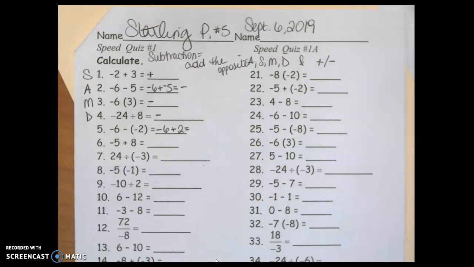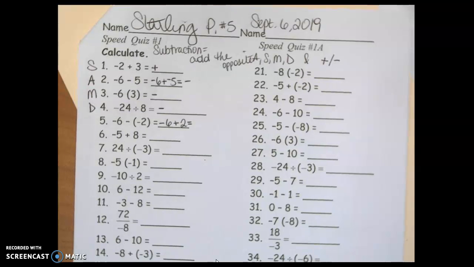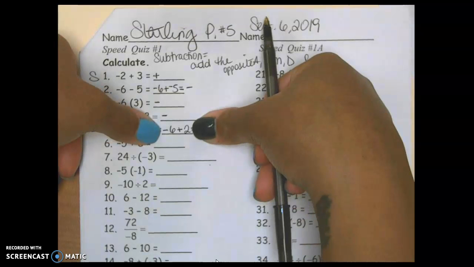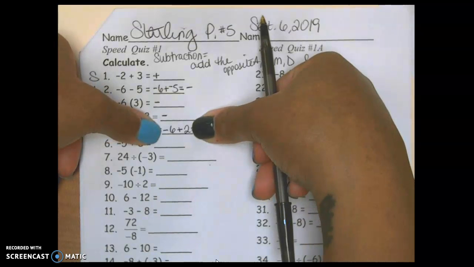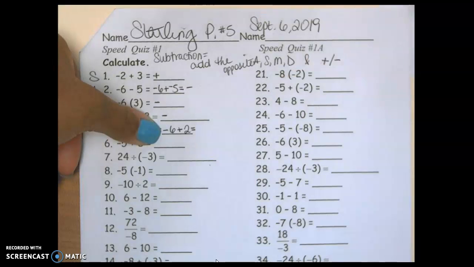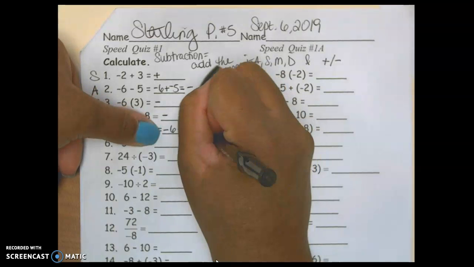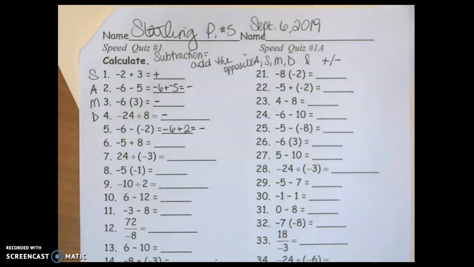Okay, I need y'all to focus. Now that I have a new problem, -6 plus 2, what will I do? Why is it going to be negative? Because 6 is a greater absolute value, and they have different signs.